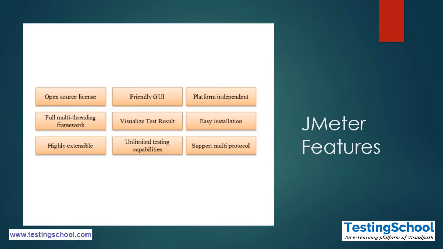Next, we'll see what the different JMeter features are. Whenever we say JMeter, the first thing that comes to mind is that it is open source and platform independent. What platform independent means is that a JMeter script developed on any Windows machine can easily be executed on Linux or Mac machines also.